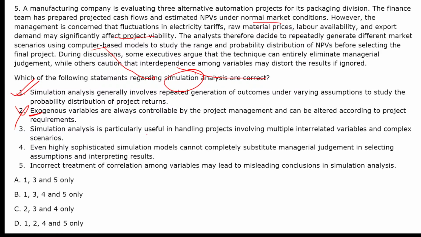Simulation analysis is particularly useful in handling projects involving multiple interrelated variables and complex scenarios. This is also correct. Next. Even a highly sophisticated simulation model cannot completely substitute managerial judgment.